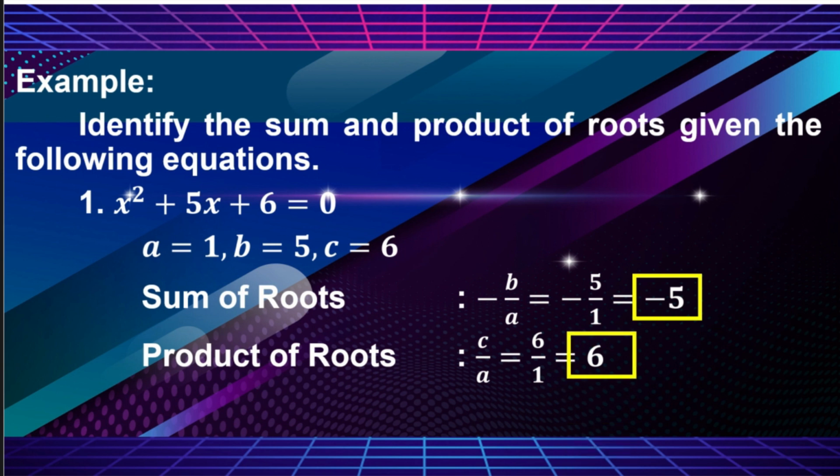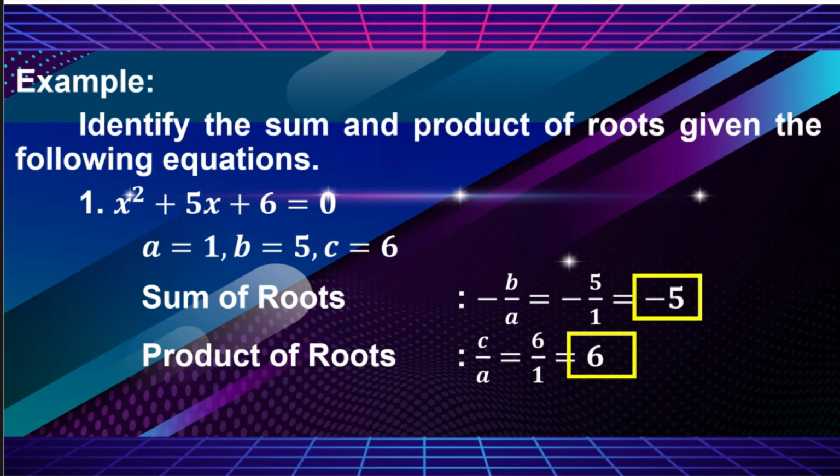Now, try to observe the linear term 5x to the sum of the roots, and the constant term 6 to the product of the roots. Yes, you are right. They are just equal, but for the sum of the roots, the answer has the opposite sign.